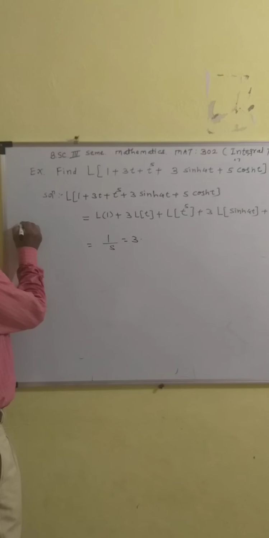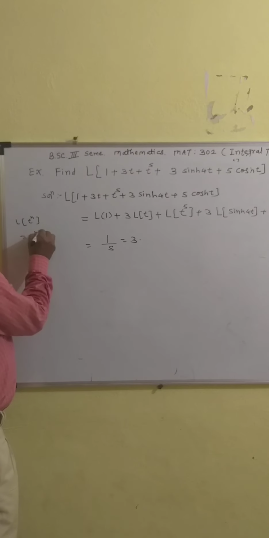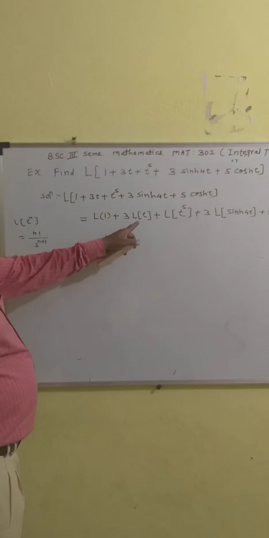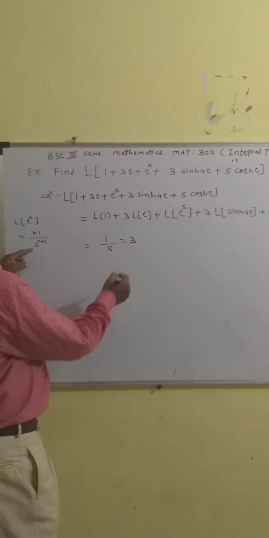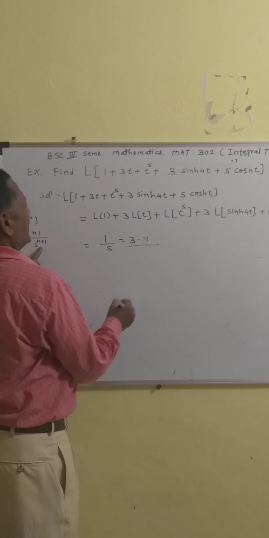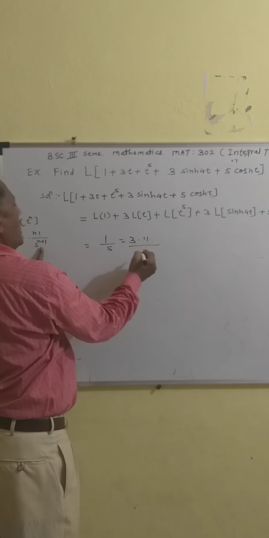Now you know the formula. The Laplace transform of t raised to n is equal to factorial n upon s raised to n plus 1. Here t raised to 1, so n is 1. Therefore factorial 1 upon s raised to 1 plus 1.